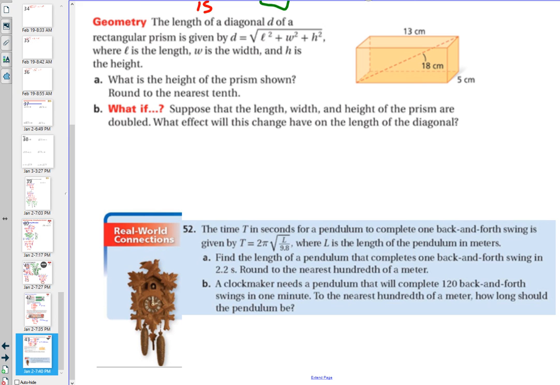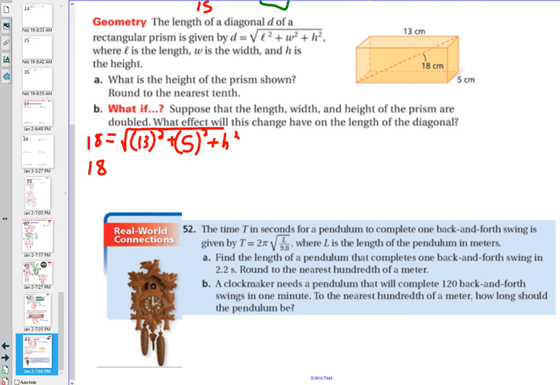So let's say 18 is square root of length, it doesn't matter. I'll put 13 squared plus 5 squared plus h squared. And now let's solve this one. It tells me to round to the tenth.